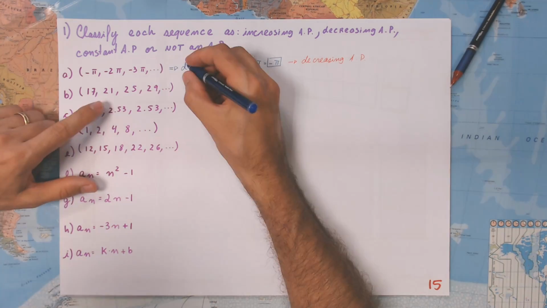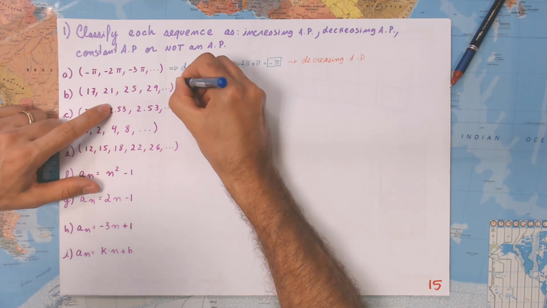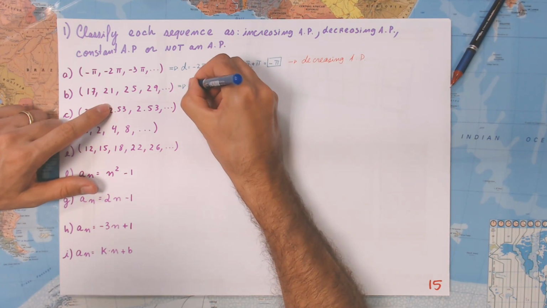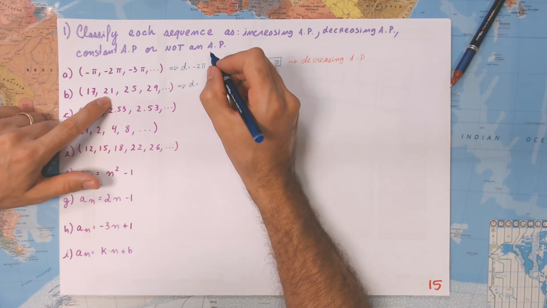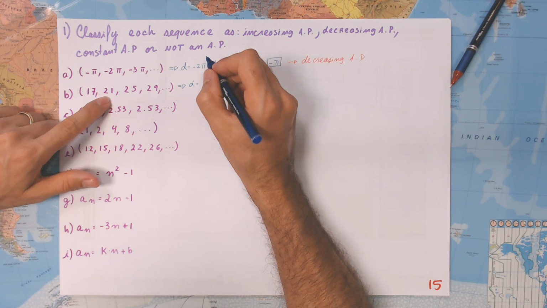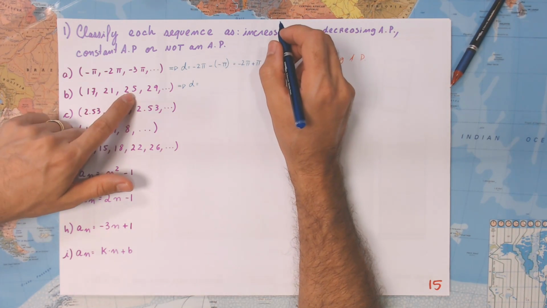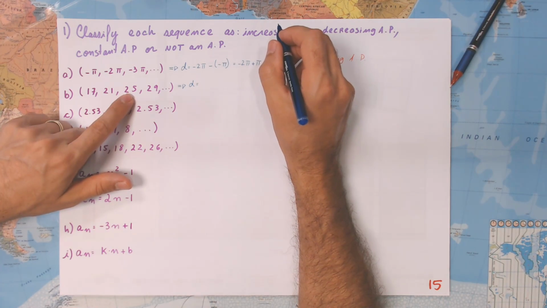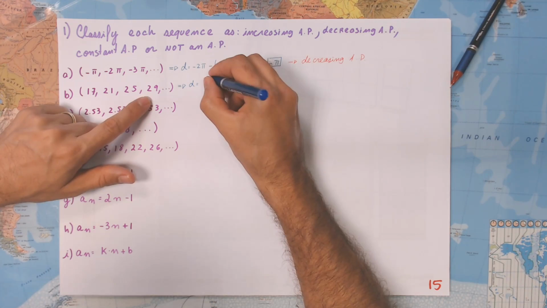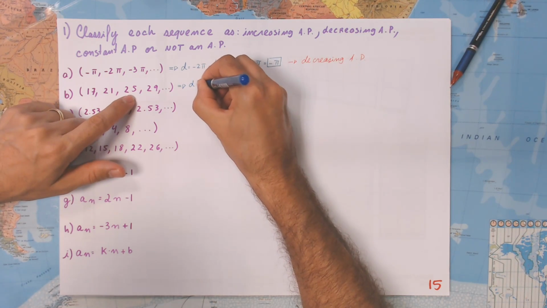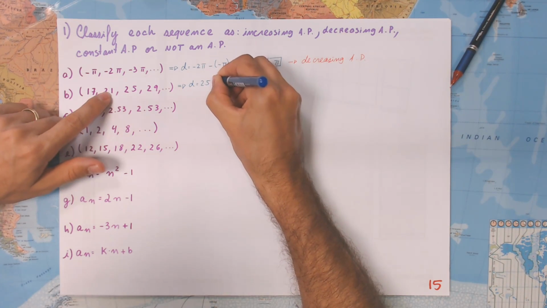Okay, assuming that you just paused it, let's first try to get our D. Well, from here to here, what do you get? We get a plus 4, right? Again, plus 4 works, and again a plus 4. So it is indeed, let's take any arbitrary terms, like 25 minus 21.